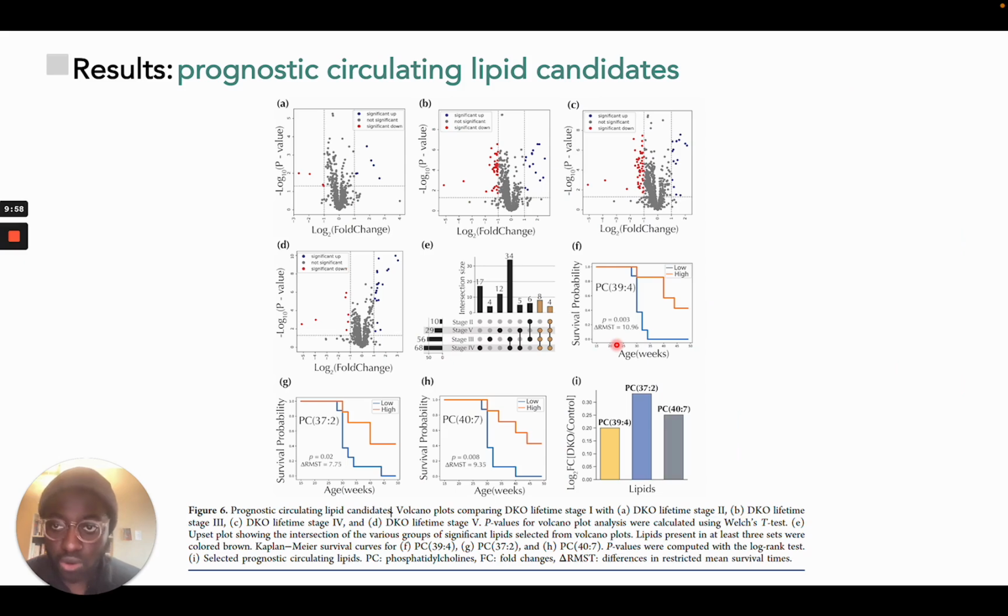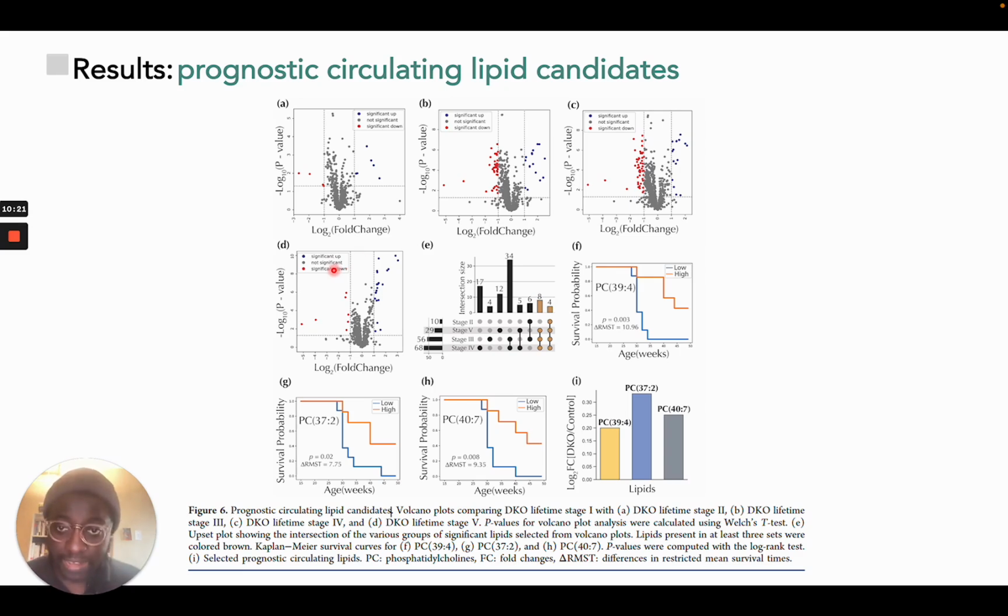Okay, so this is one of the last analyses I did, and this is just prognostic circulating lipid candidates. Panels A, B, C, and D are showing volcano plots that compare just the DKO now, because we are looking for prognostic circulating lipid candidates amongst the DKO.